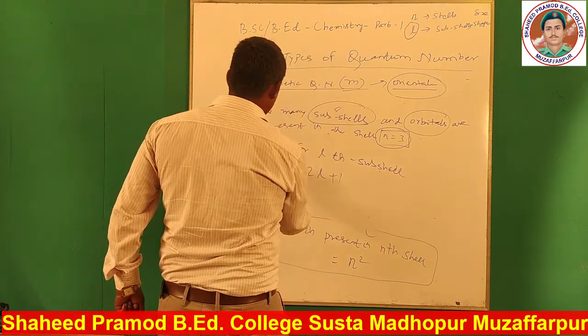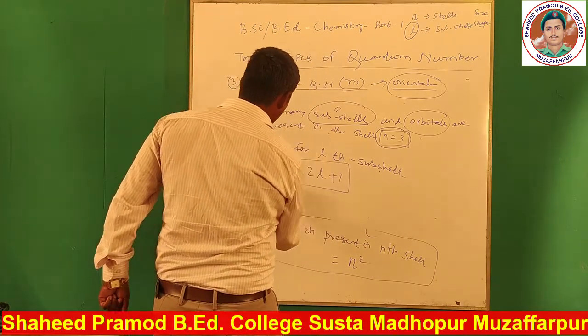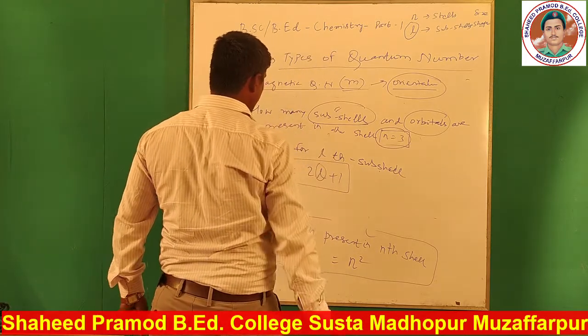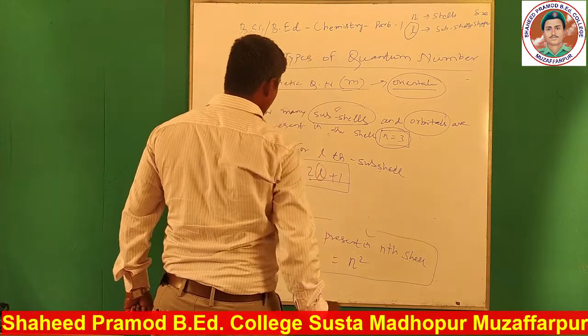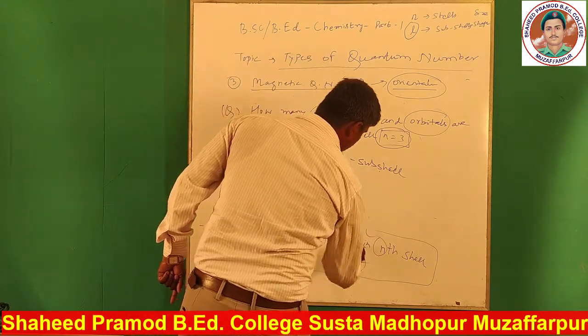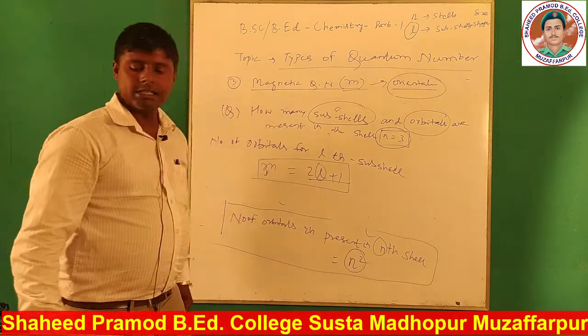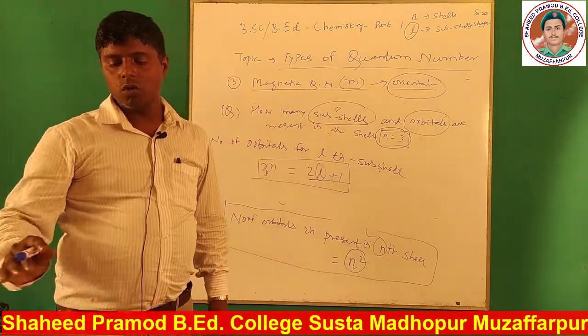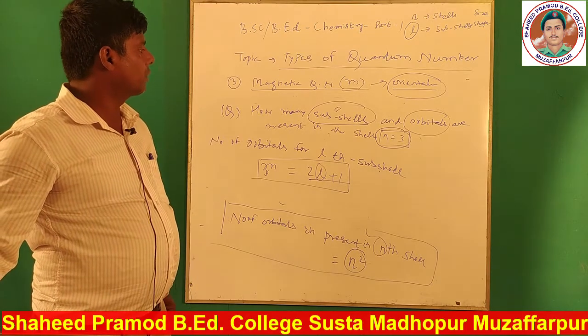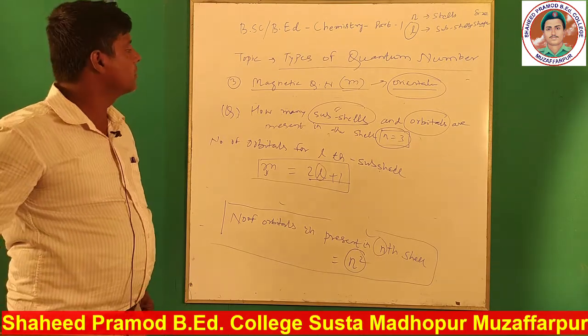It is denoted by m. So, when you know the value of L, you have to calculate number of orbitals with this formula, and when you know the value of n, you can easily calculate the number of orbitals as n square. So, you can take 2 or 3 examples from reference books or from your guess paper, and you can practice.